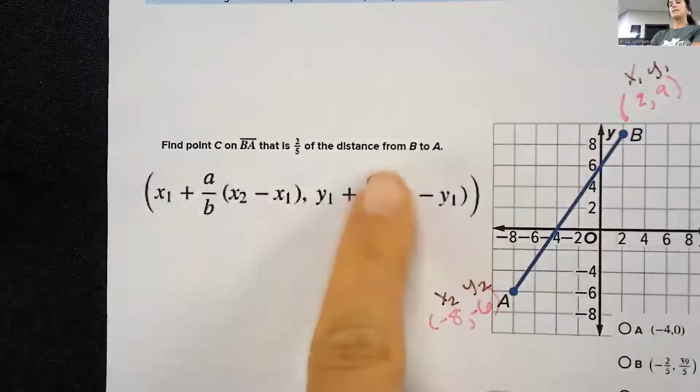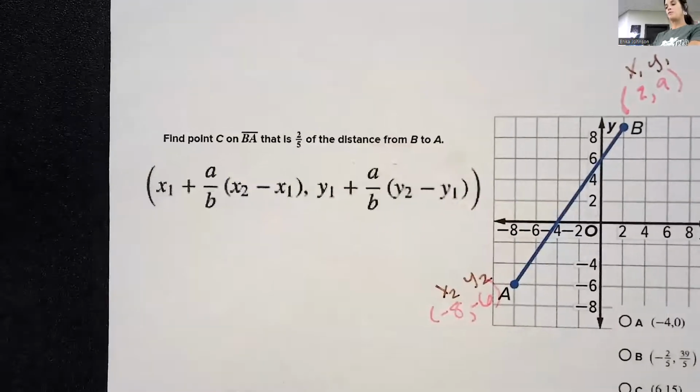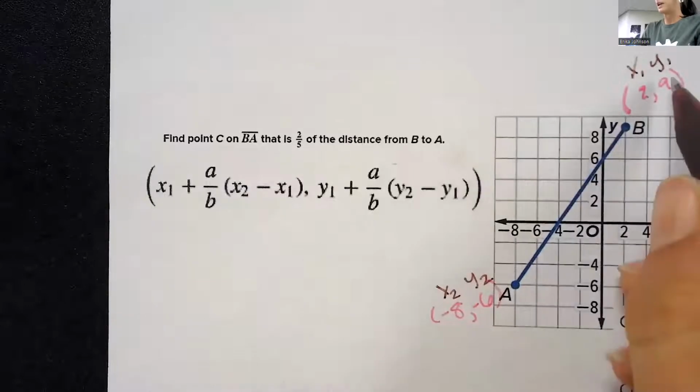Why is that? Because they said we're starting at B and we're going to A. Order is important when you're doing fractional distance, so pay attention to that.